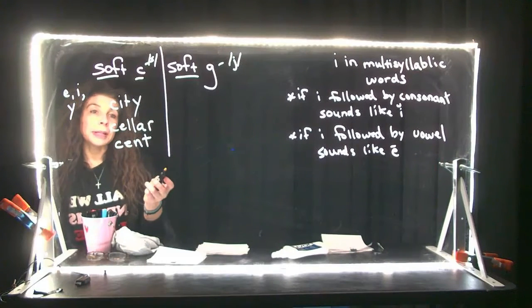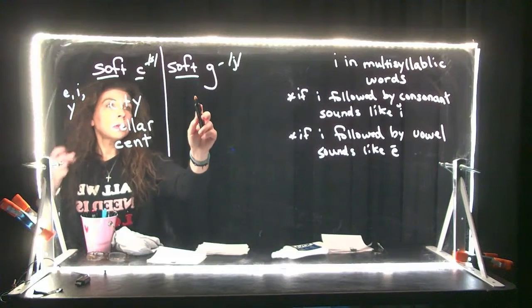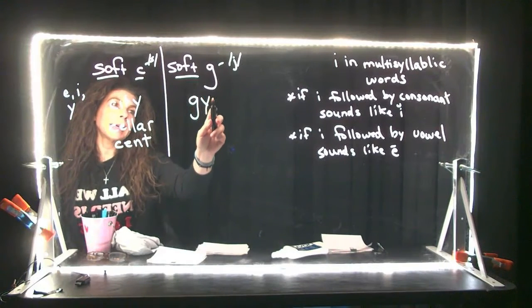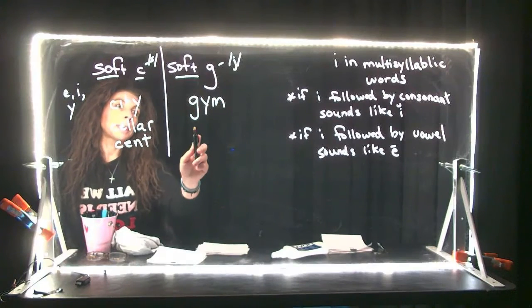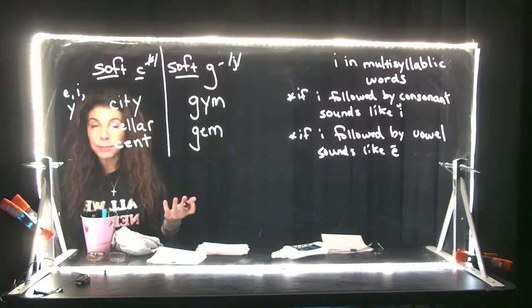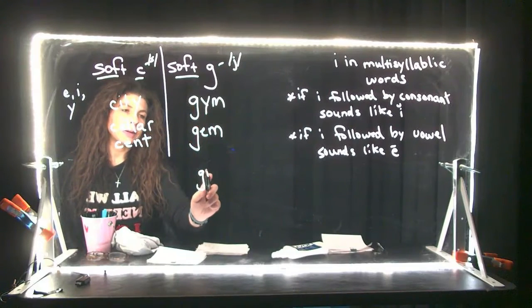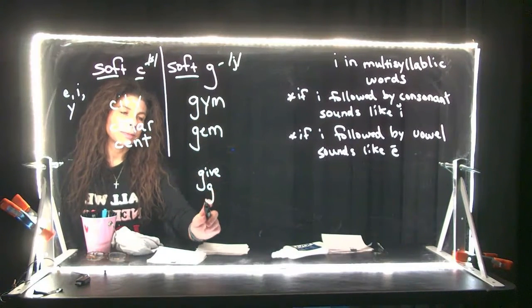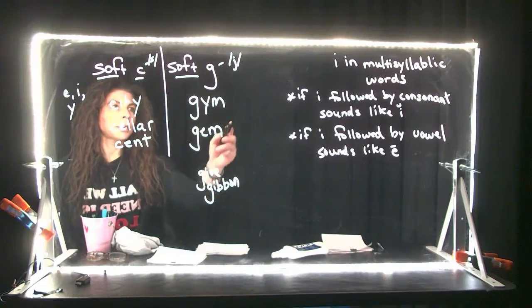These are your soft C's, and your soft G's would be something like gym. I don't say gym with a hard G, I say gym. I say gem. Now remember, there are some exceptions to the G. We talked about give, gibbon. There are some exceptions.